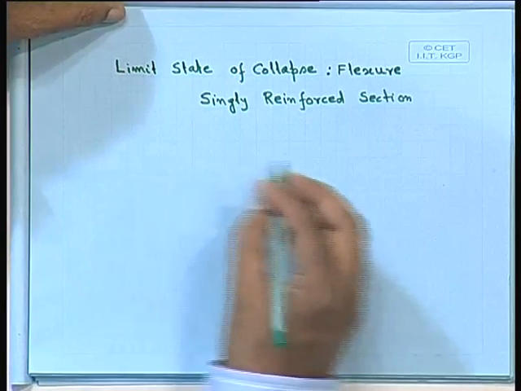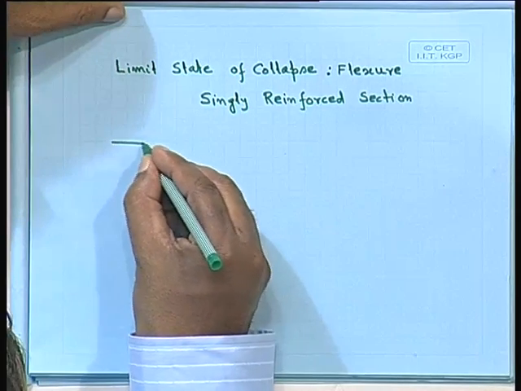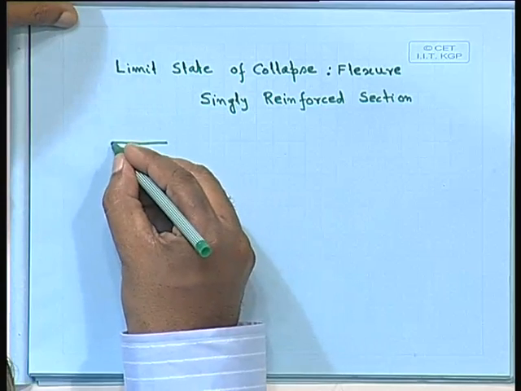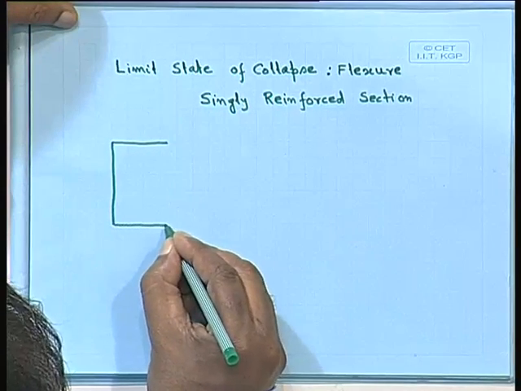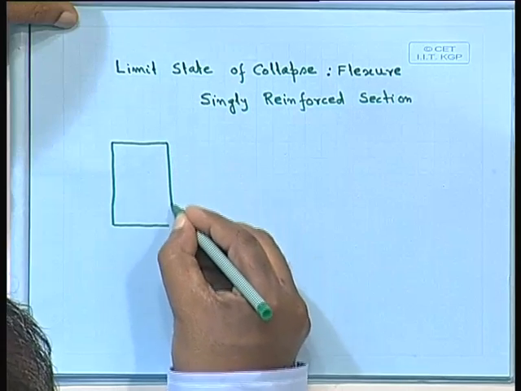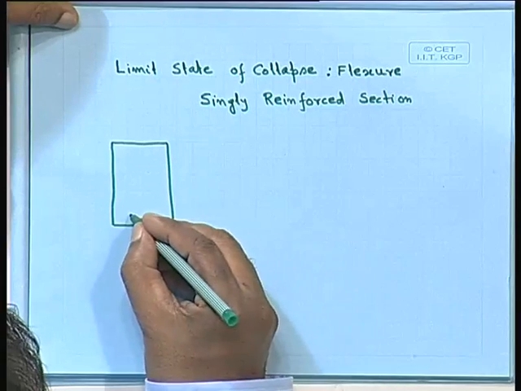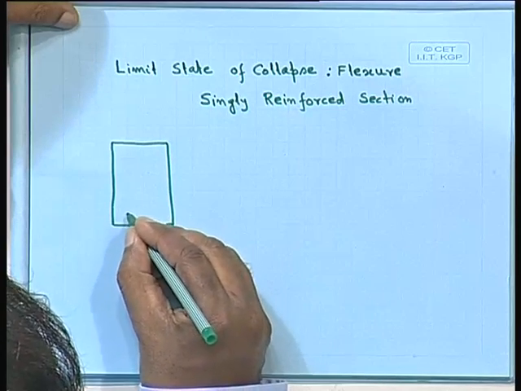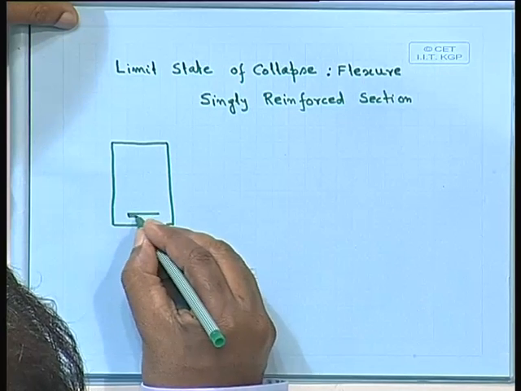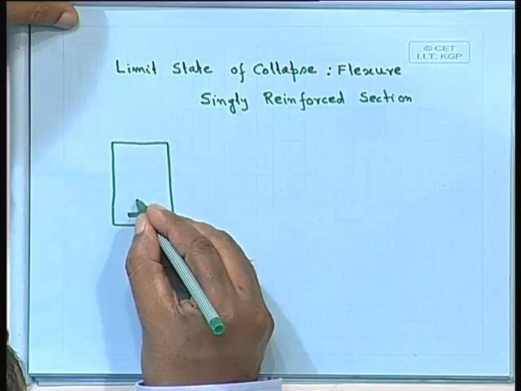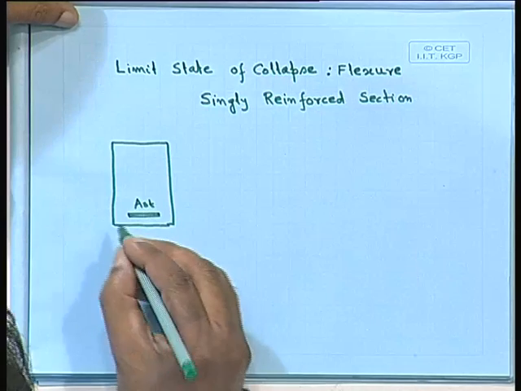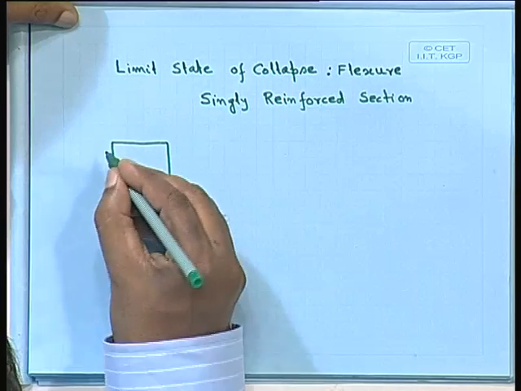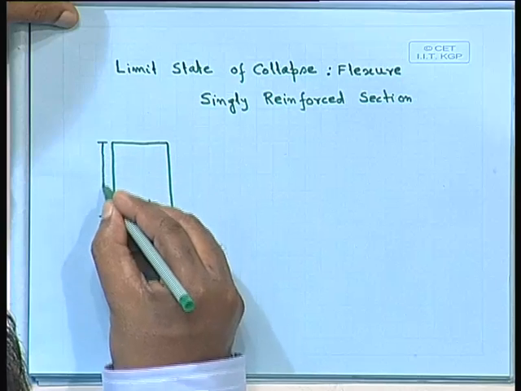So, let us draw a cross section of the beam, and we have the area of steel, d, the effective depth, small d.